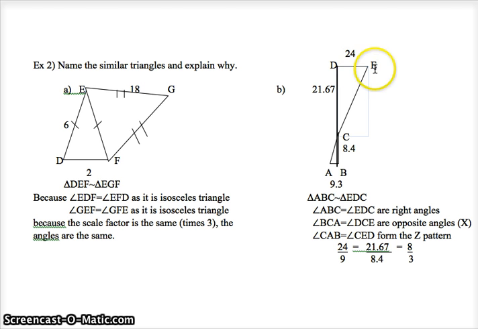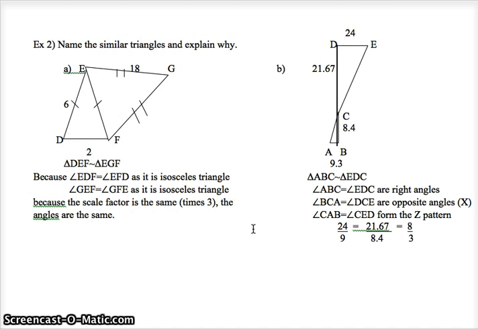And then we can see our finer angles from the Z pattern. Our Z pattern is formed from our right angles being parallel to each other. We can also see that the ratio of our side lengths are also equal, 8/3 of our big to small. Or you could do the ratio of your right angle triangles.